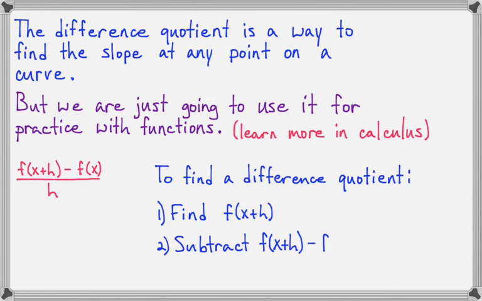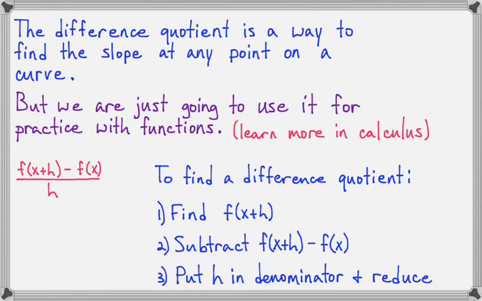Step 2, subtract: f of x plus h minus f of x. So this is just going to be a bunch of terms, and f of x is a bunch of terms that you will know. And so that's an easy step to do. And step 3 is to put h in the denominator and reduce. So you can see, first you have to know f of x plus h, then you have to do the subtraction, then you have to do the h in the bottom.